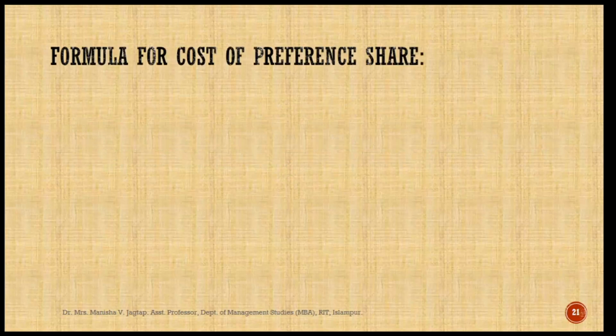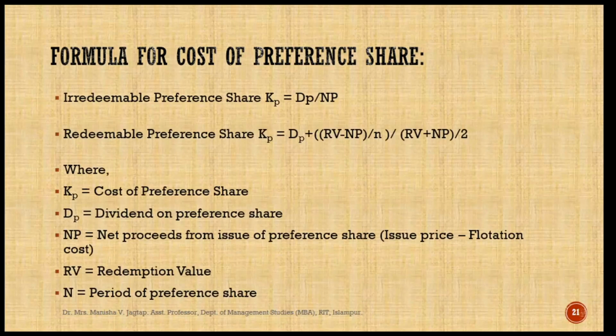Now next is the formula for cost of preference share. Here you can see the formula for cost of preference shares. You can find two types of preference shares.